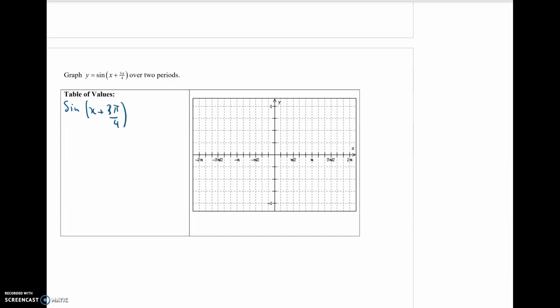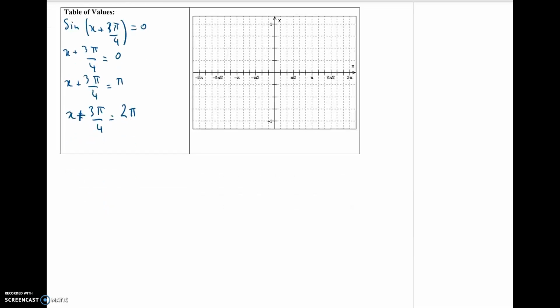When do I have the sine of an angle equal to 0? Well, the sine of my angle will be equal to 0 when the angle, in that case x plus 3 pi over 4, equals 0, when the angle x plus 3 pi over 4 equals pi, and when the angle x plus 3 pi over 4 equals 2 pi.